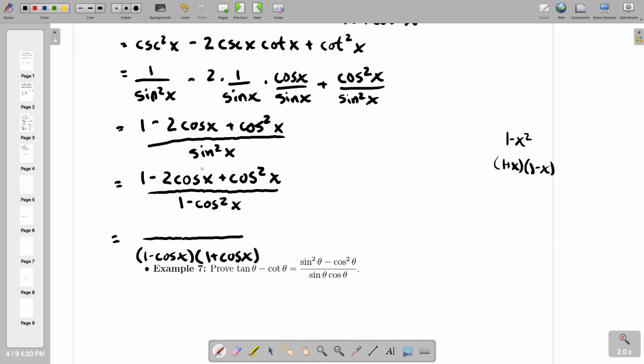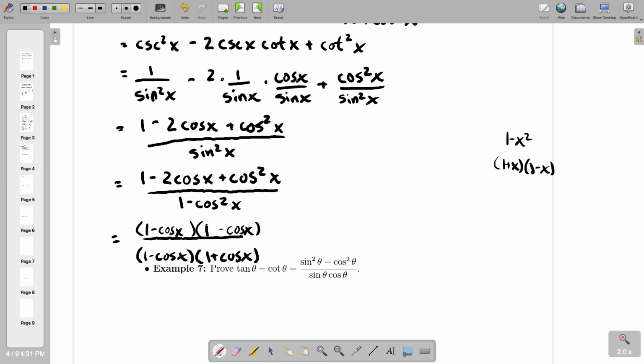So then the question becomes, does this factor? Well, here you might say, is there any way to factor it so there's a 1 minus cosine so that way we can get our cancellation? The answer is yes, right? To make the 1 here in the first, I better put a 1 right there. To make plus cosine squared here, I better put a minus cosine x, so negative cosine times negative cosine is positive cosine squared, and then the outside and insides add together to make this.